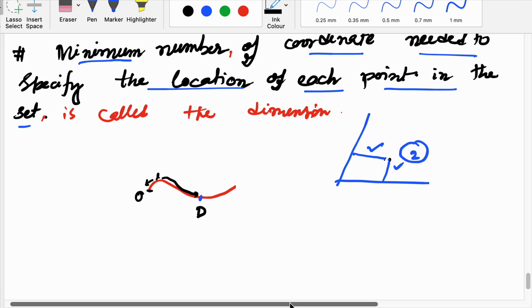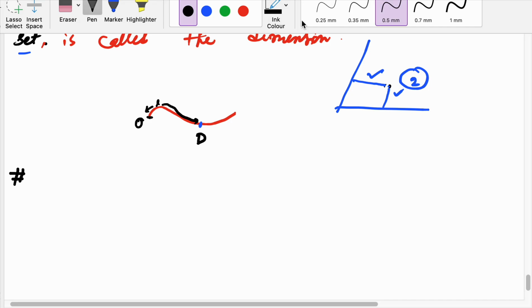Let me first show why we actually can't measure the dimension using this definition. Let me give you an example, that is the example of the von Koch curve.